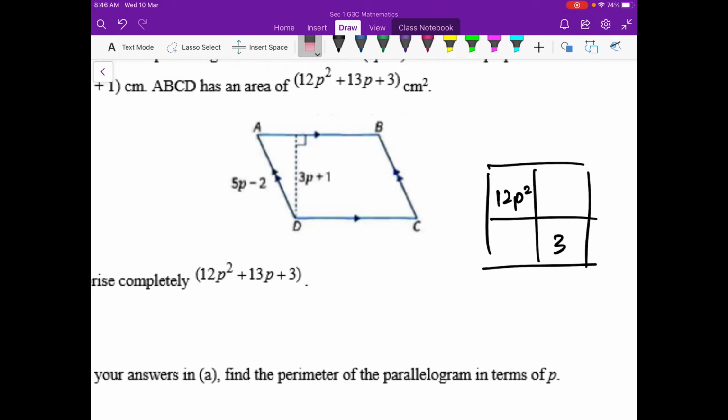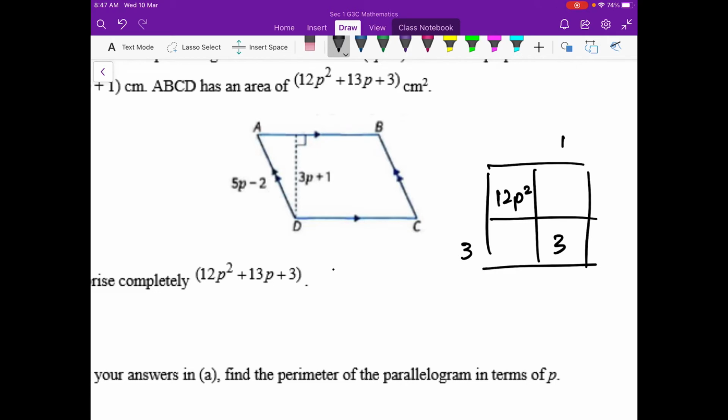So 3 itself has two factors. It is a prime number. I'm happy to see that. So let's say 1 and 3, 1 and 3 over here. Okay? So now the challenge is my 12p squared, because I have many options. 12 is a composite number. It is not a prime number.